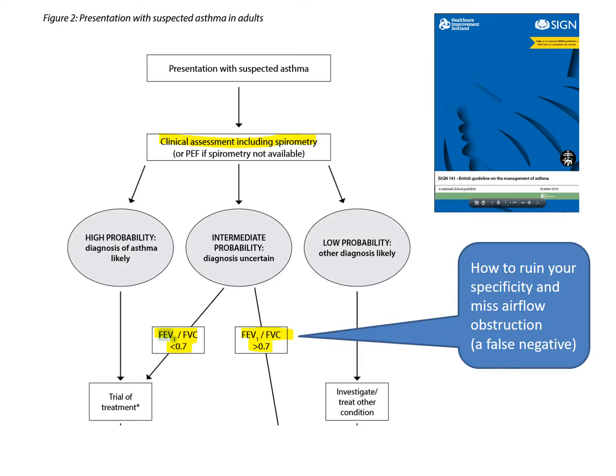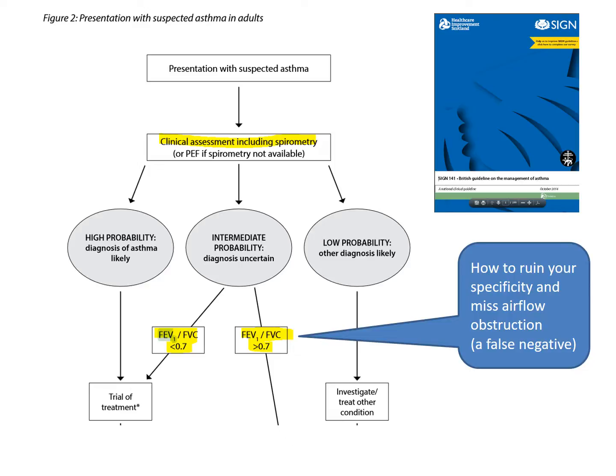But unfortunately, they go and spoil it by doing something quite criminal for an asthma guideline. How they've defined the abnormal spirometry is by having the FEV1 FVC ratio of under 0.7 or 70%.